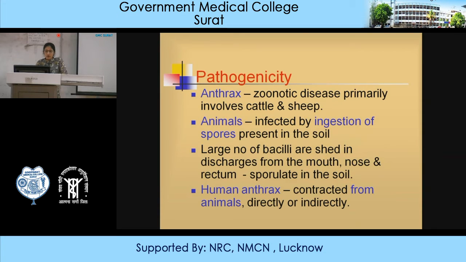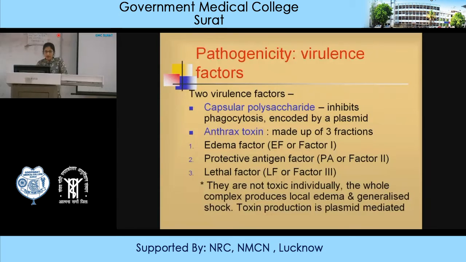The virulence factors which play a role in producing disease in humans are of two types basically. One is the capsular polysaccharide. This is the capsule structure present on the bacilli.